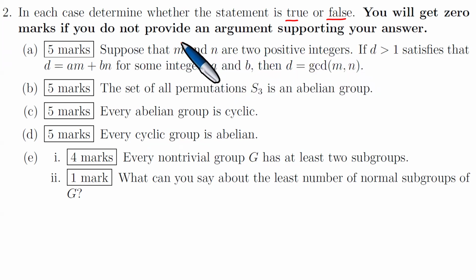If d, strictly bigger than 1, satisfies this particular equation, d equals am plus bn for some integers a and b, then d itself being greater than 1 strictly is the GCD, the greatest common divisor of the 2 integers.